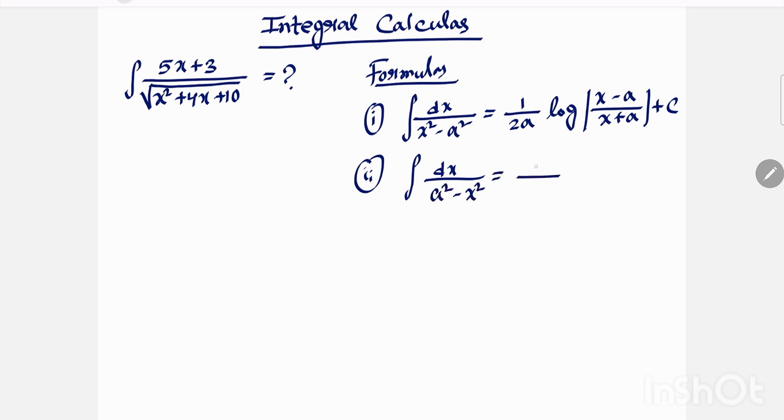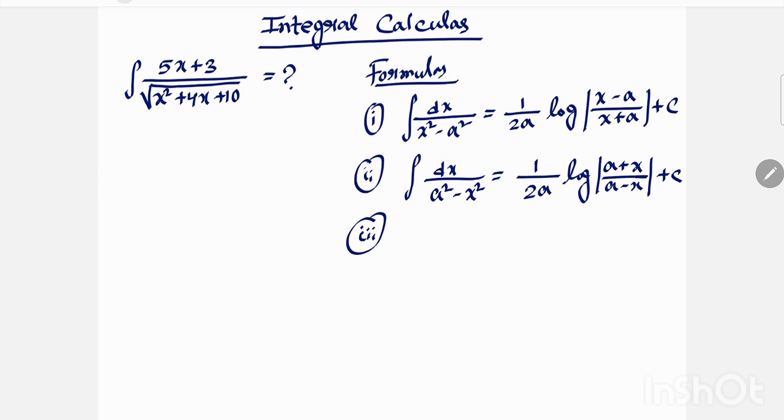If it is x square minus a square, then it is x minus a by x plus a. Here it will be 1 by 2a, log of a plus x by a minus x, plus c, because here a is the first term. Where a is the first term, the positive one goes in the numerator: a plus x by a minus x. I am describing it so that you can remember the formula easily.